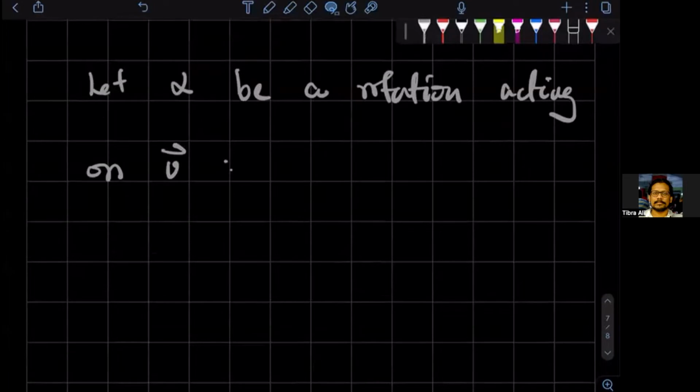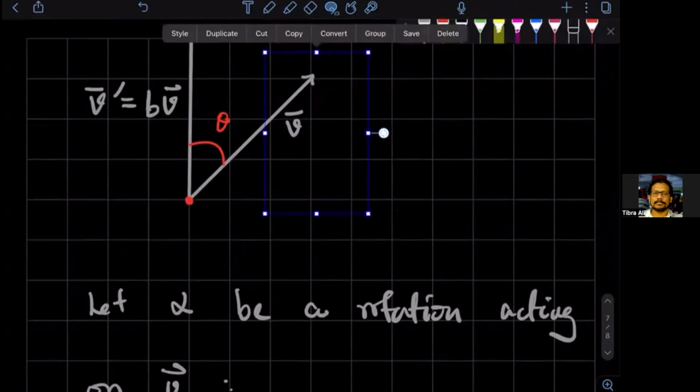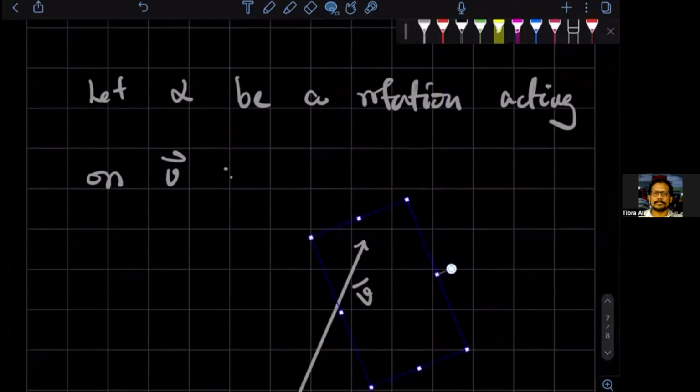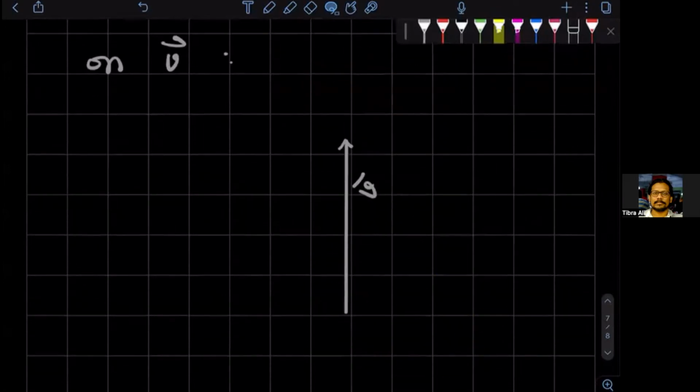Suppose that alpha takes it to this, okay? So this is going to be a new vector, which I'm going to call alpha V. Now, the question is, what is a transformation that will rotate alpha V by an angle theta?